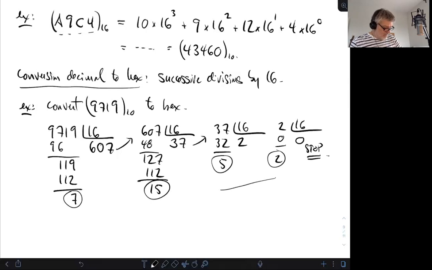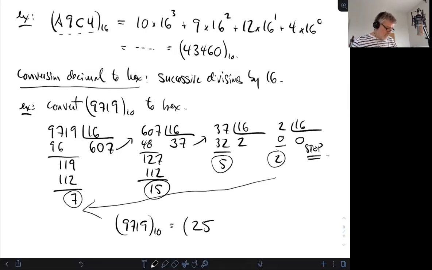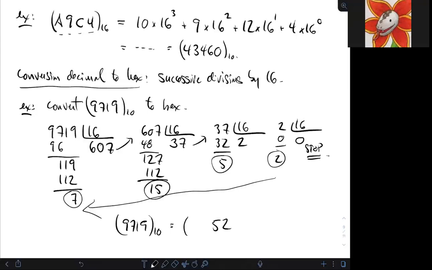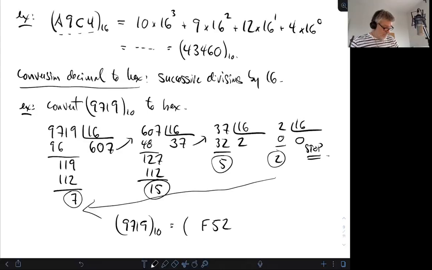So how do I read it? Usual way, you read it off this way. So 9719 decimal in hex is 2, 5, no, the other way around, sorry. What is 15? I need a digit. You can't write 15. It's F. No, sorry, I did a double switch here.